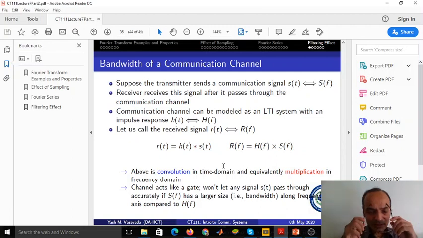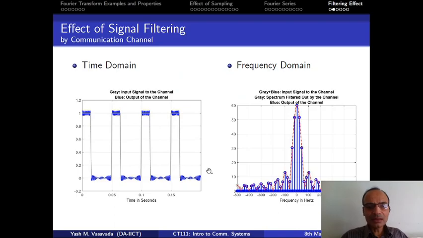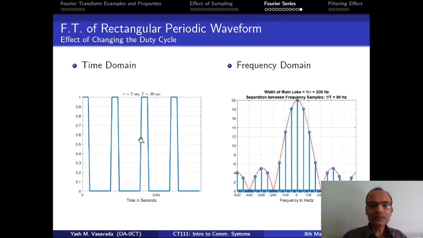So again, let us take some examples of this particular observation. What I am doing in this example is a very simple thing. I'm taking these periodic rectangular pulses that we have already seen earlier. If you recall, you have seen this rectangular signal.